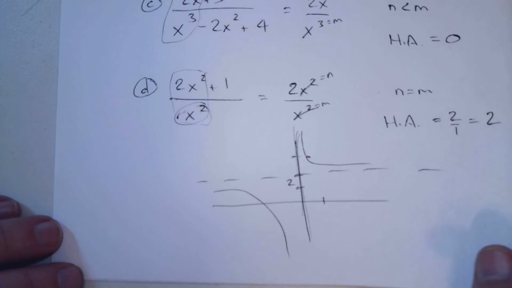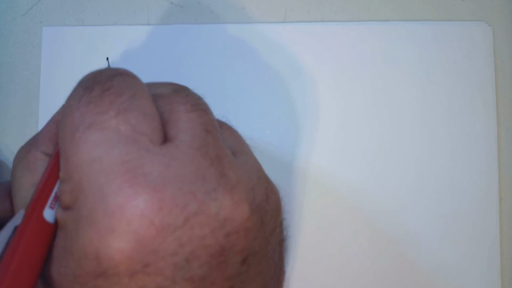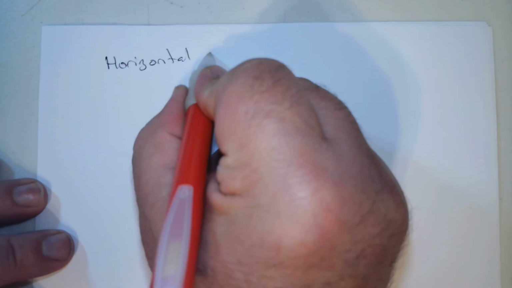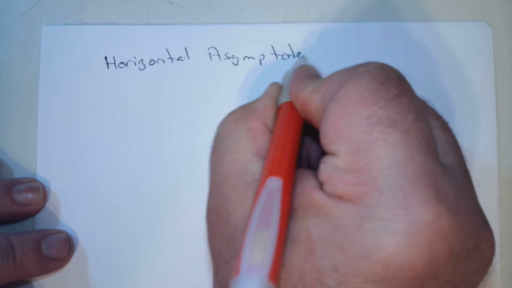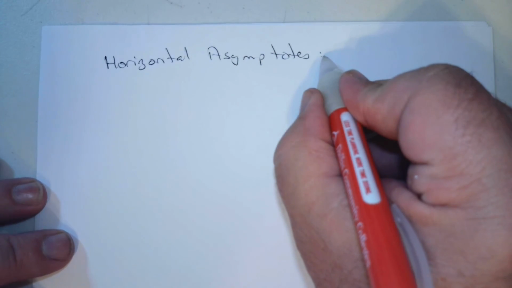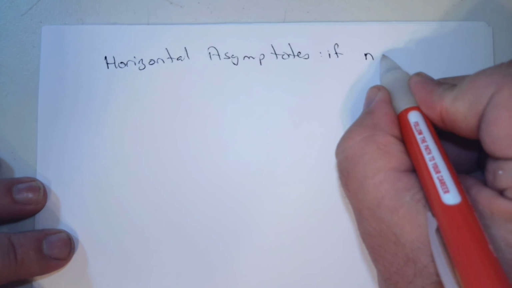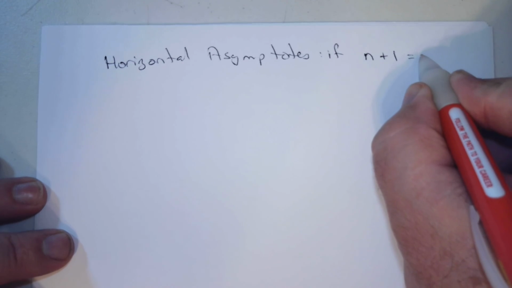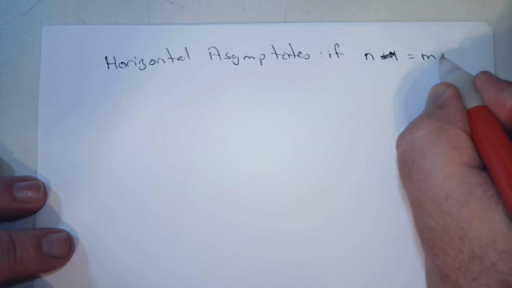It has to do with the horizontal asymptotes. If n equals m plus 1.